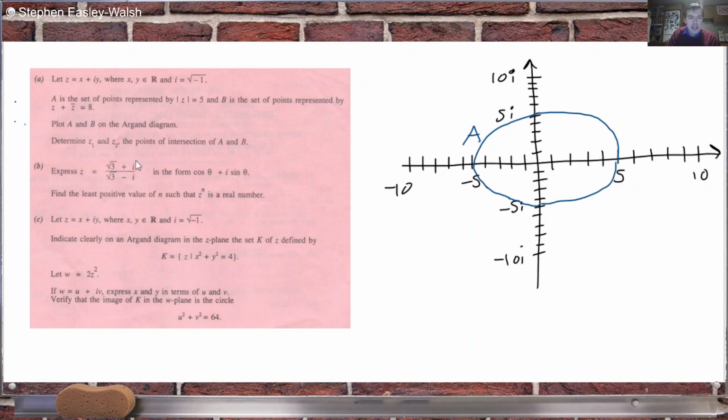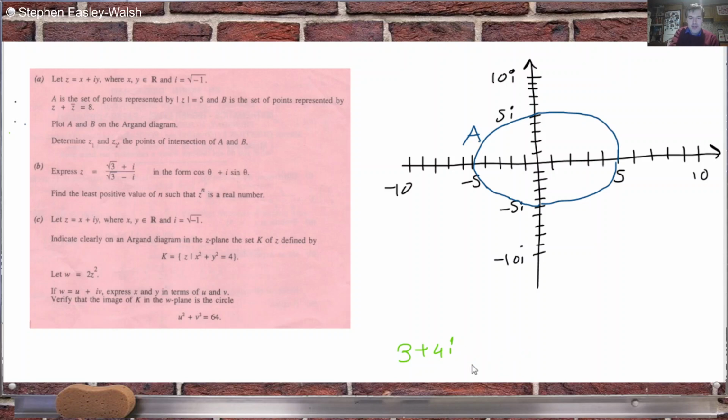So set B, am I recording? Yeah. Set B is where z plus its conjugate is 8. So for example, it couldn't be something like 3 plus 4i plus 3 minus 4i, because that only adds up to 6.